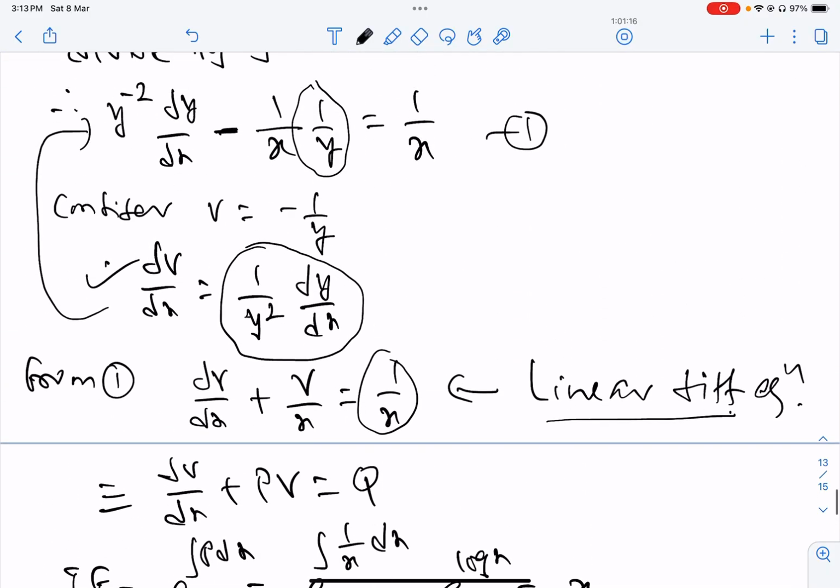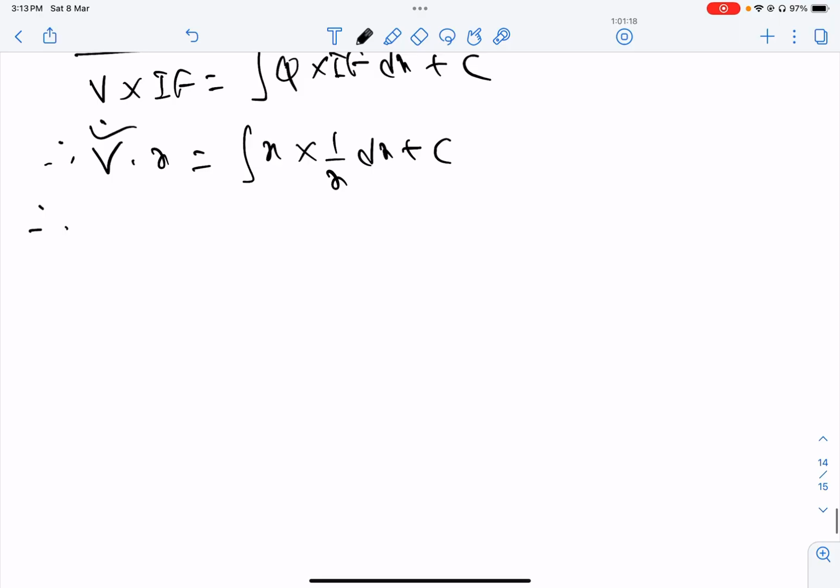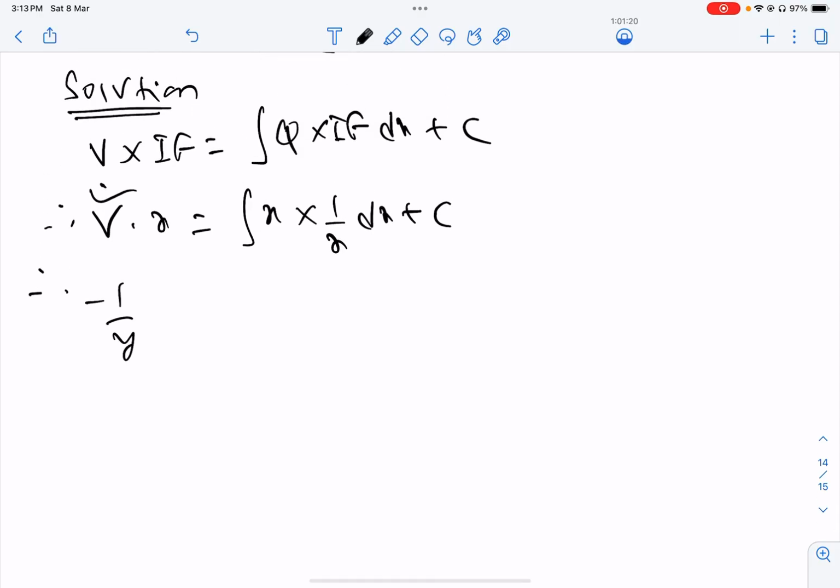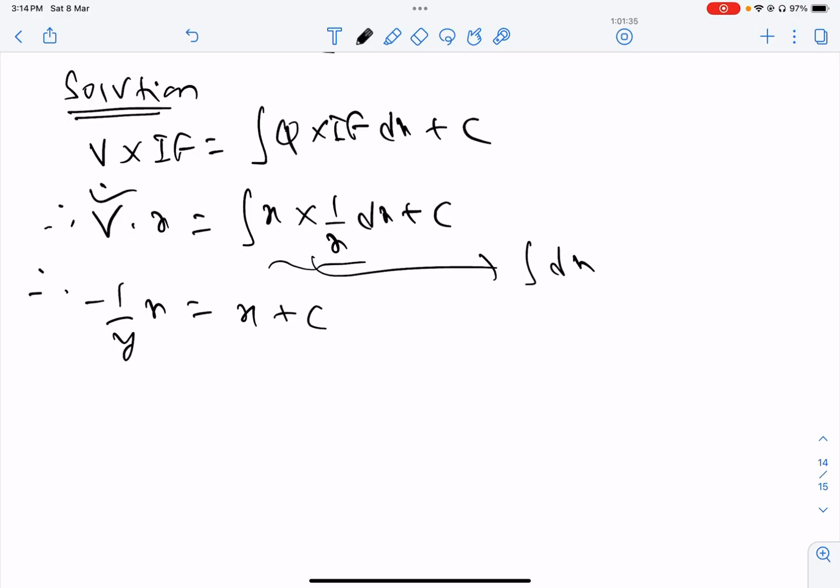What is v? Minus 1 upon y. So this is minus 1 upon y into x. X cancels, integration of only 1, and so that integration is x plus c. So this is the answer. Or you can say like this, minus 1 upon y equal to 1 plus c by x. So that is the solution. Thank you.